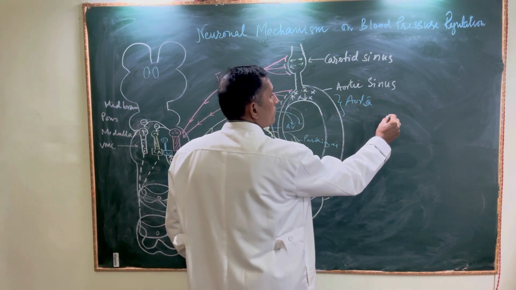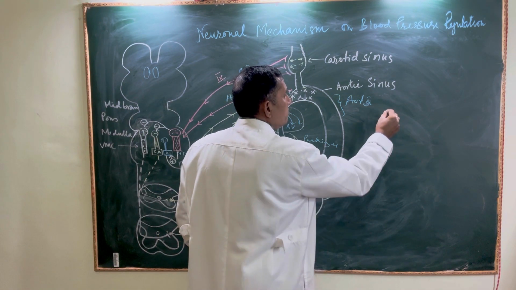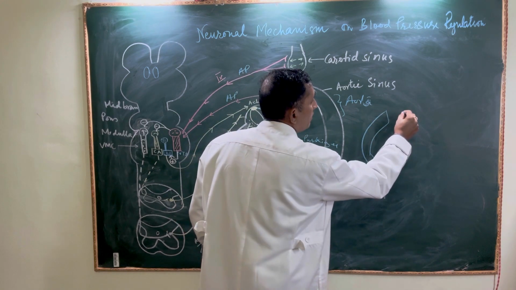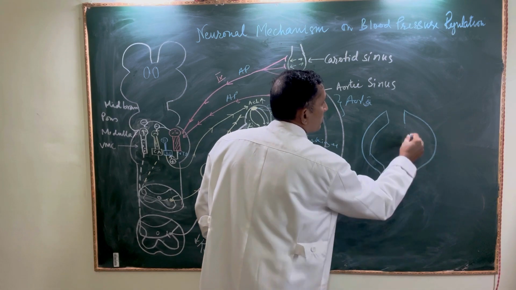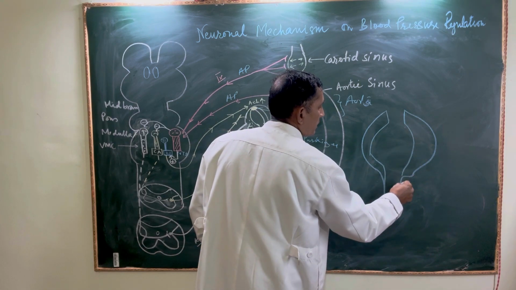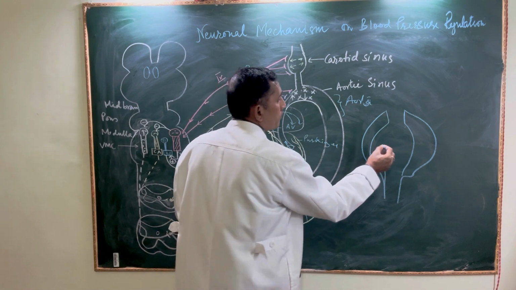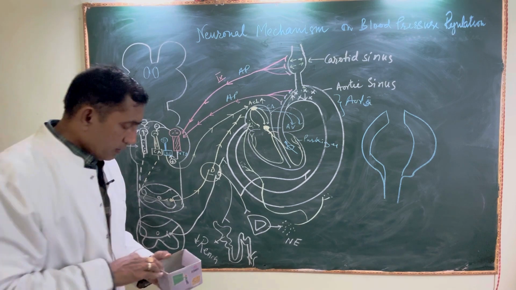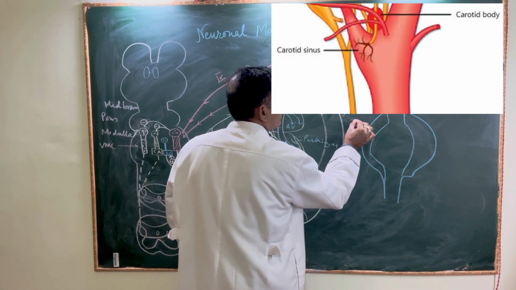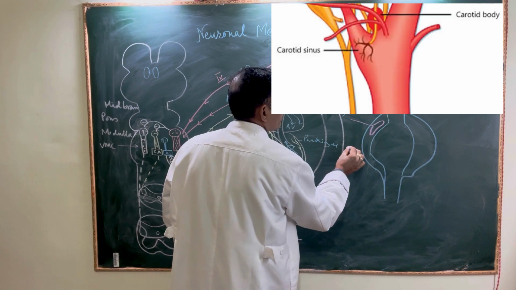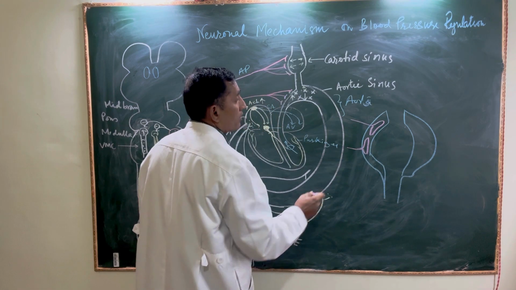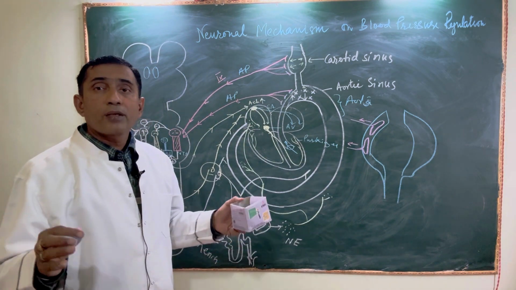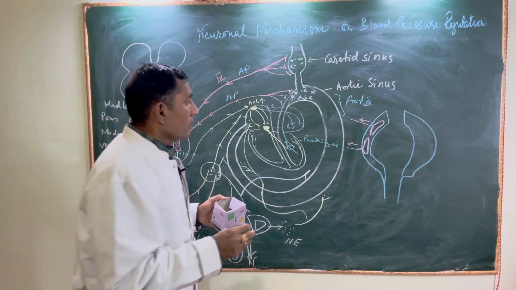See here, if we again draw the diagram of the carotid sinus, see this diagram here. Here is the carotid sinus, where we have the nerve endings which are supposed to carry the sensation of blood pressure.